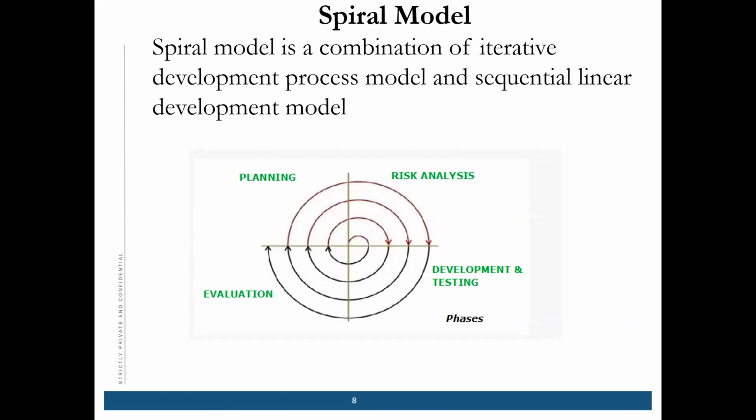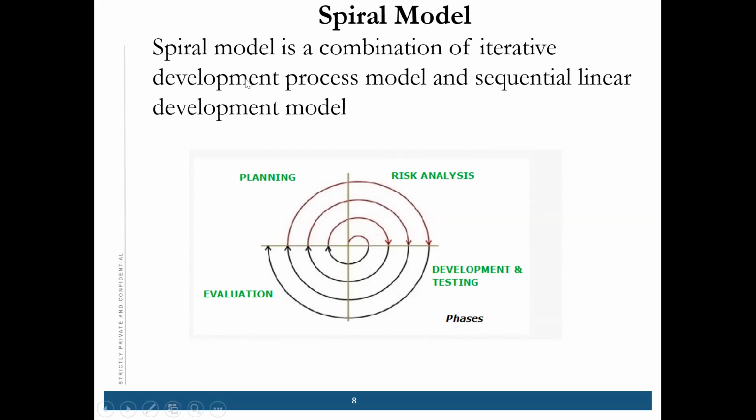Why have I included the spiral model? Because the spiral model has risk analysis. Risk analysis means that if some risk is involved in your project, that part is also covered in the spiral model.